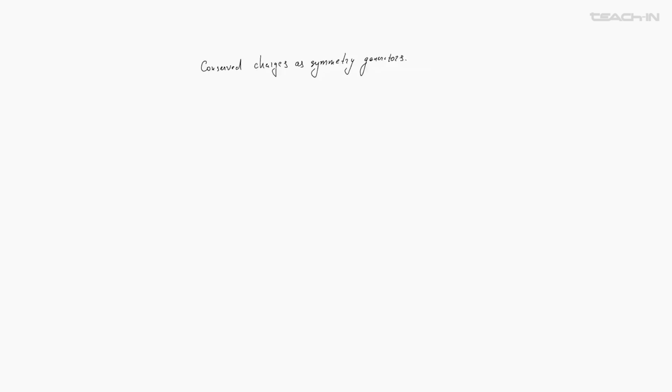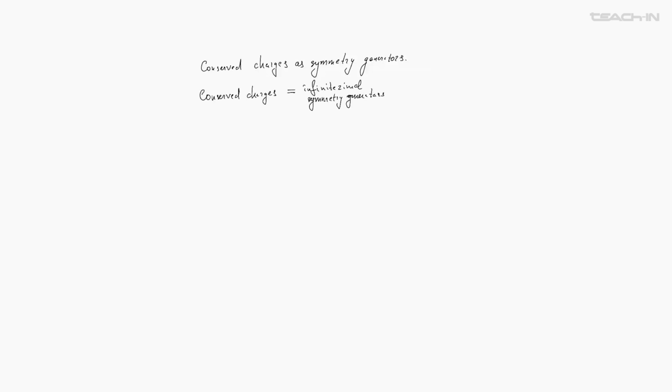Conserved charges which you find from the Noether theorem play a role as infinitesimal symmetry generators. Symmetry generators means that they play a role of generators of the symmetry which they correspond to according to the Noether theorem.